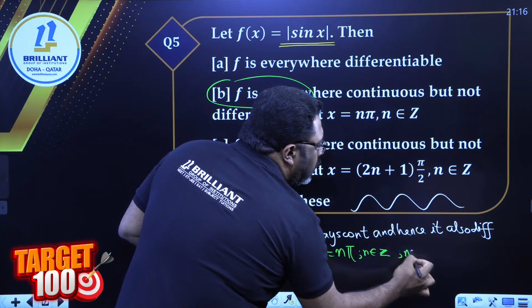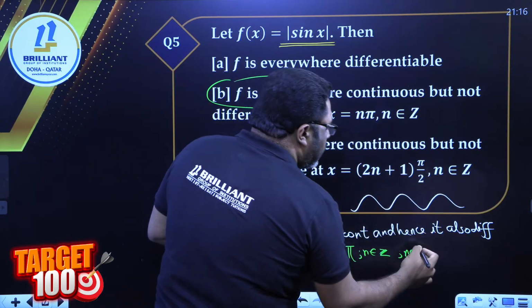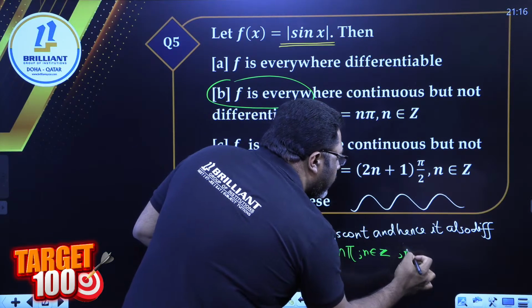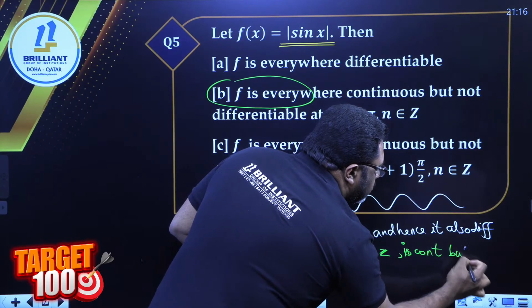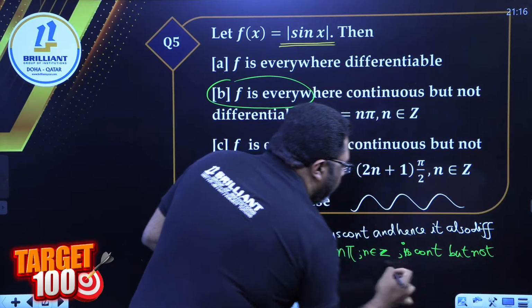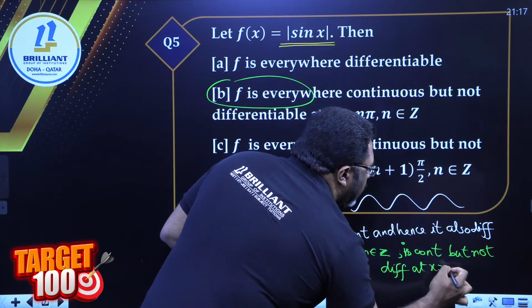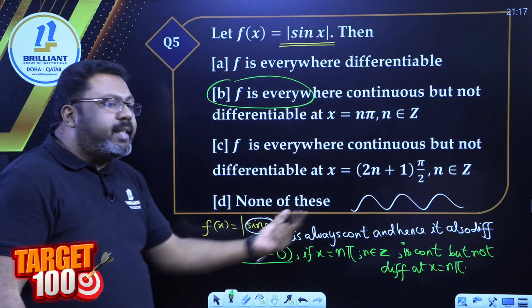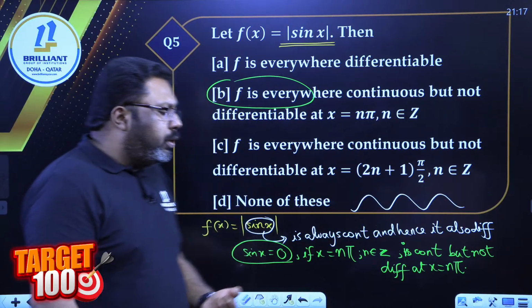It is continuous, but not differentiable at x equal to n pi, the values which make it 0. Option B, right answer coming from all of you. Very good.